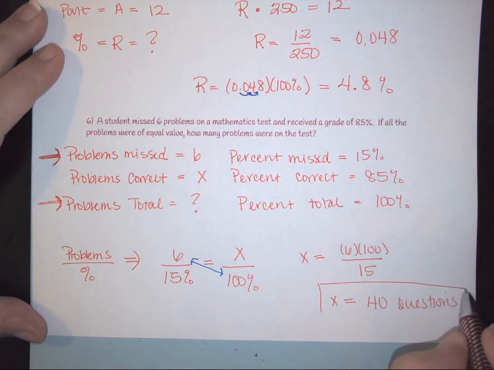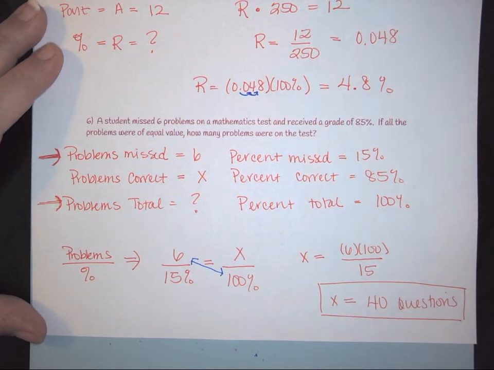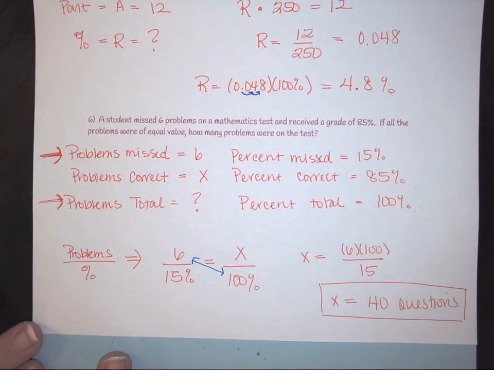And this would be the answer that we were looking for. Okay, so it's still using the idea of a proportion, it's just we're doing it in a much different way.